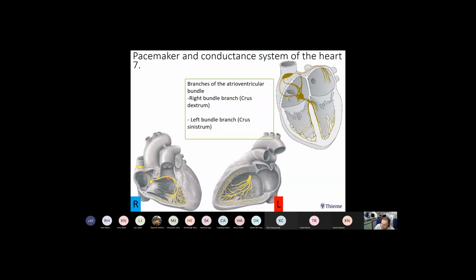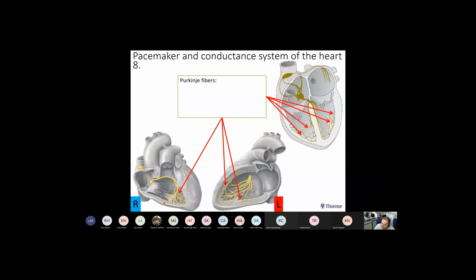The right one travels in the septomarginal trabecula. The left one has 2 branches. You may define an anterior and a posterior fascicle, which may get damaged separately, and you can see this in the electrocardiography. You will learn how to figure that out. Okay, and then at the very end of the system, you have the Purkinje fibers.